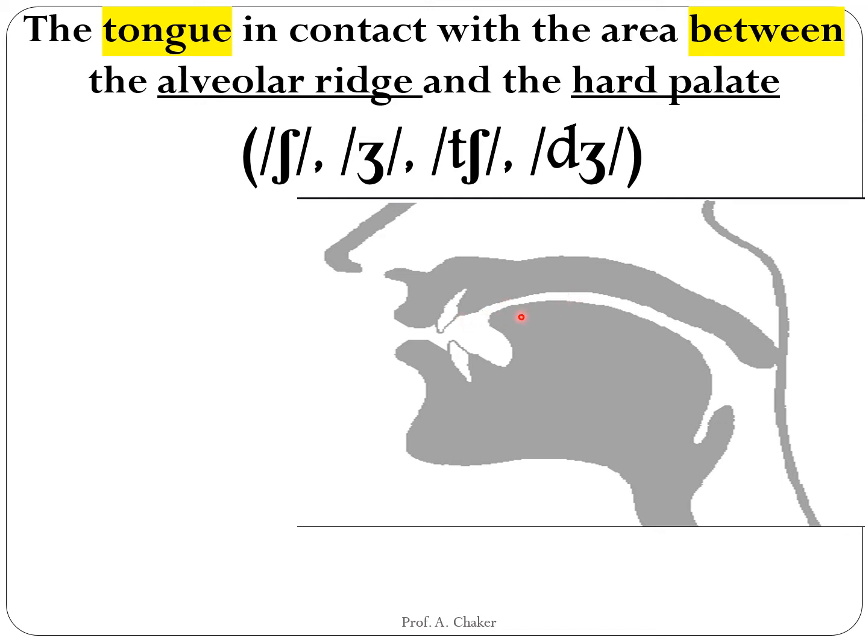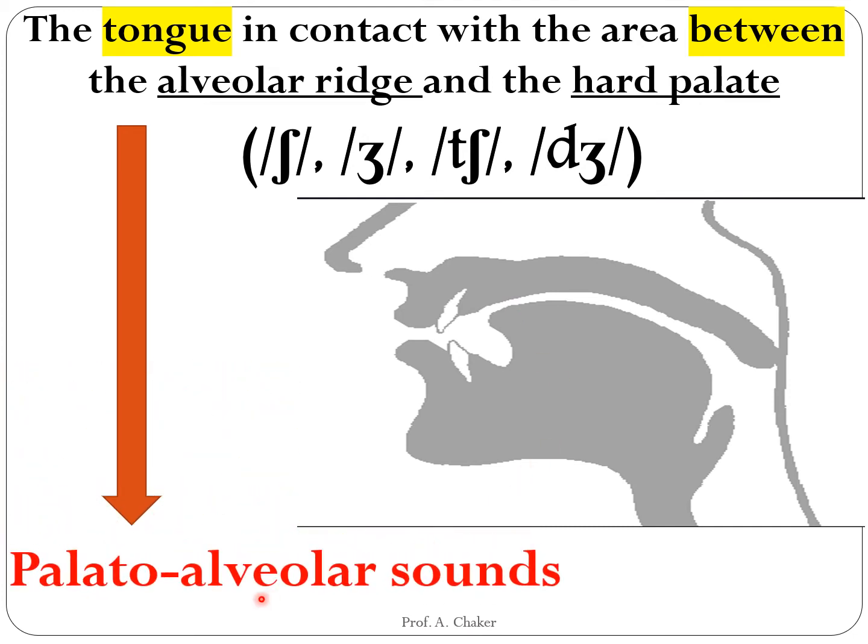This is the hard palate. So in between. So the tip of the tongue comes in contact with this area. These sounds are called palato-alveolar. Because they are produced in the area between the hard palate and the alveolar ridge.